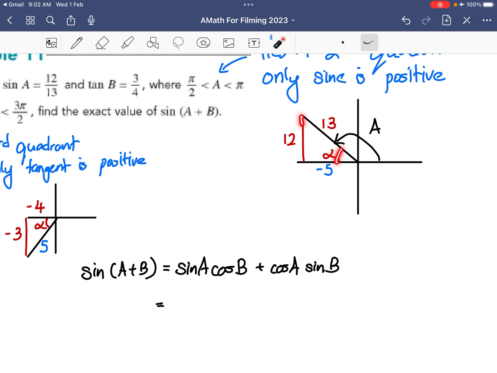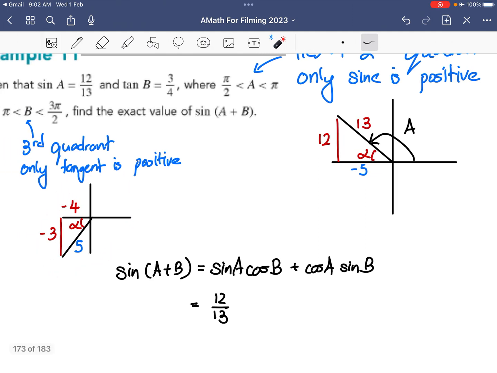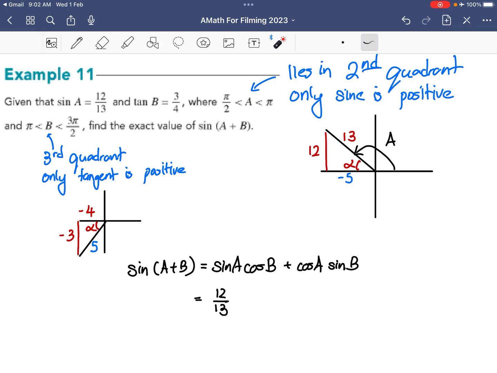From this triangle, opposite over hypotenuse, sine A is 12 over 13. In the second quadrant, sine is positive. We check, positive, no problem. The next one is cosine of B, which comes from this diagram: adjacent over hypotenuse. Adjacent is negative 4, hypotenuse is 5. Hence, cosine of B is negative 4 over 5.